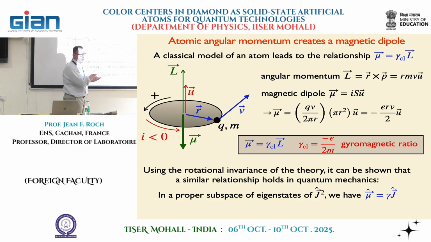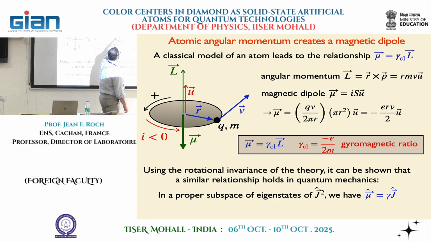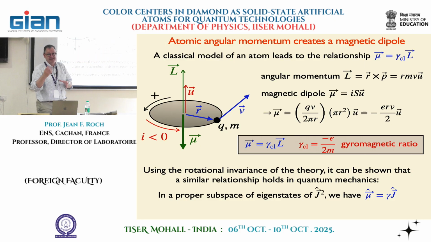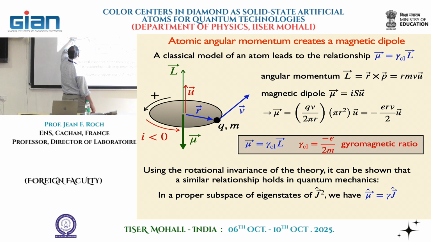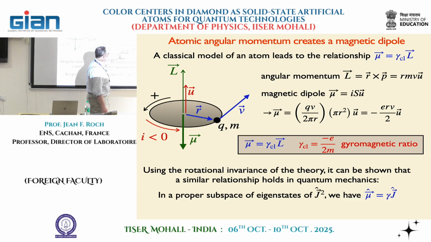It is like a little coil inside the atom, and we define the magnetic dipole simply as the product of the current intensity times the surface of the coil times the unit vector perpendicular to the surface of the coil. That is the magnetic dipole definition, and it can be linked to the angular momentum associated with the circular motion, with a ratio equal to minus the charge of the electron divided by 2m, which defines the gyromagnetic factor.